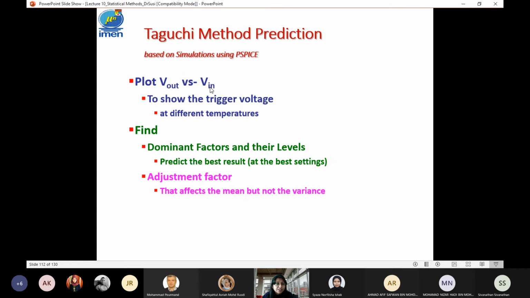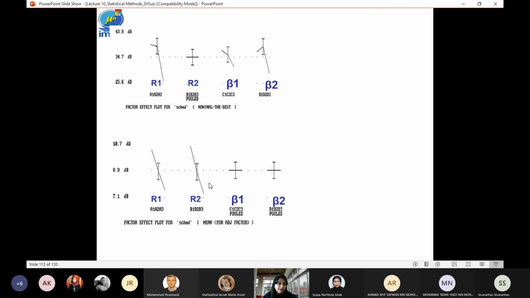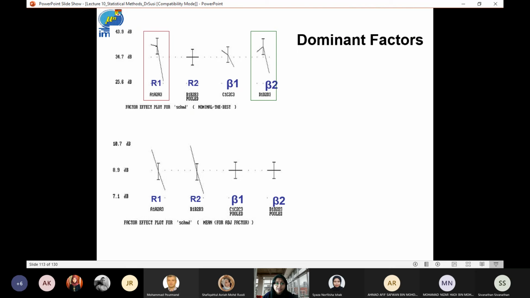So we plot V out versus V in, then we find the dominant factors and their levels, and we predict the best results, and then we get that. It's very similar to factorial design from here onwards. Okay, and so you have the nominal the best and also the mean. So the dominant factors, as you can see, are R1 and beta 2, right?